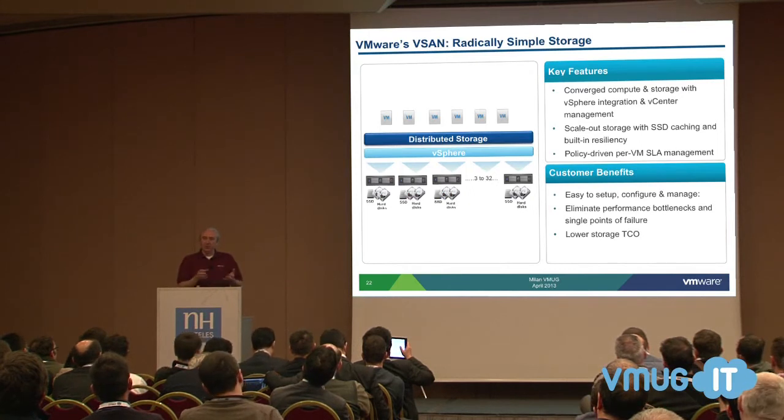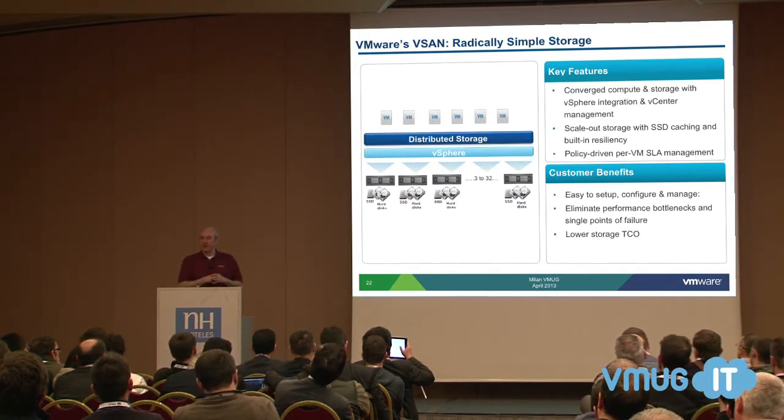You just need local storage and some new features that are coming down the line from VMware. There's a couple of things around the requirements. You will need at least one SSD in each host, and this is used for a write buffer and a read cache. You will also need 10 gig network interconnect between the hosts as well.